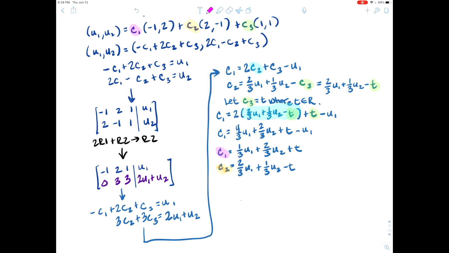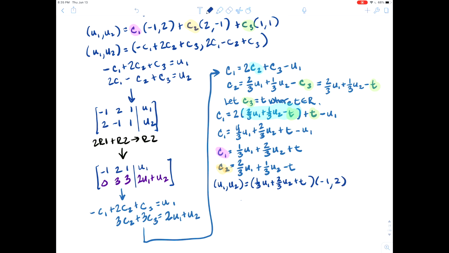So what we got at the end of the day was this: U1, U2 is equal to C1, which is 1/3 U1 plus 2/3 U2 plus T times the vector -1, 2.